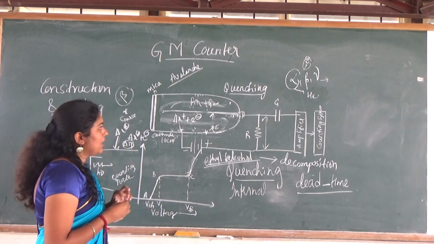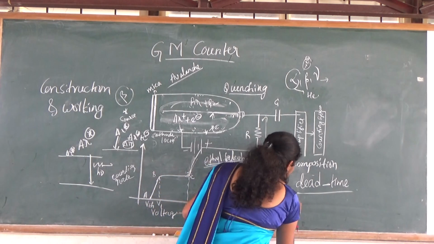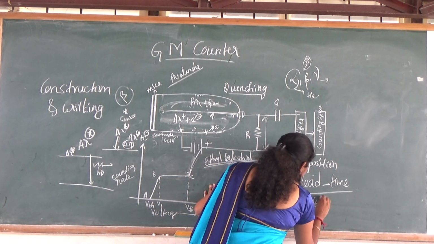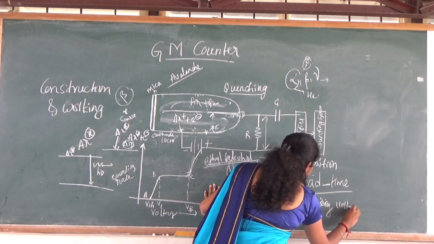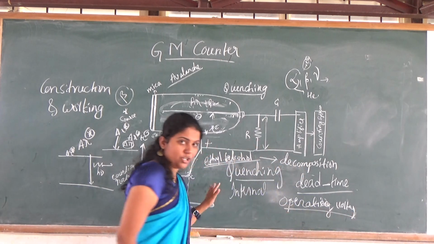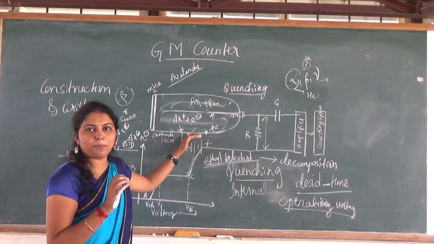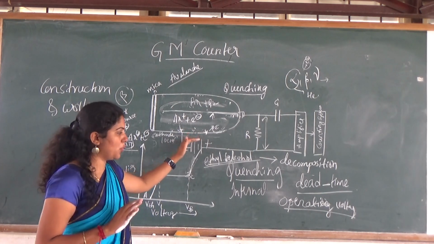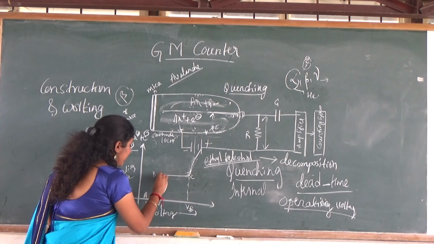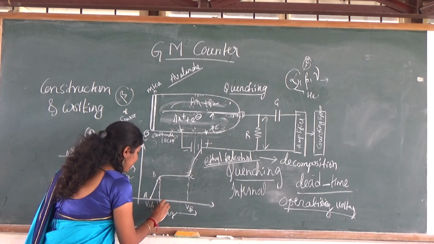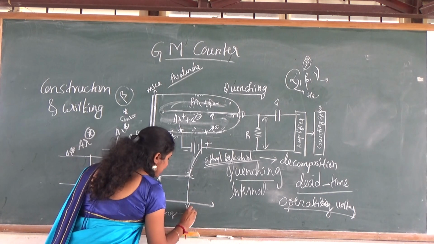And what is the operating voltage? The operating voltage is a particular voltage with which the GM counter will give the proper count. That is the standard voltage which is used to operate the counter. How can we determine it? Here we know this is the starting voltage Vs, and this is the breakdown voltage Vb.